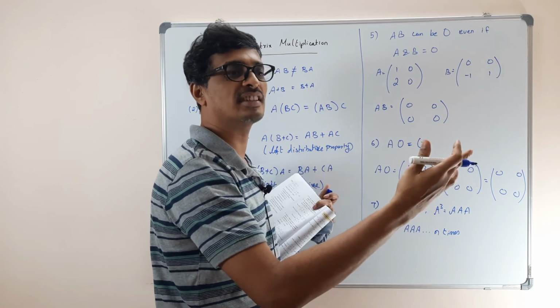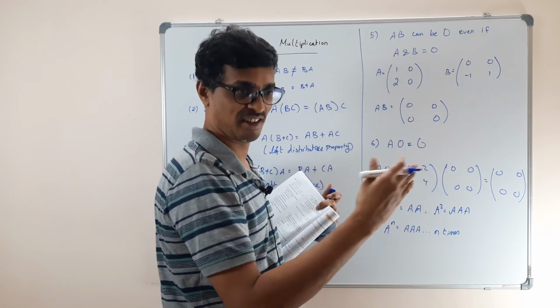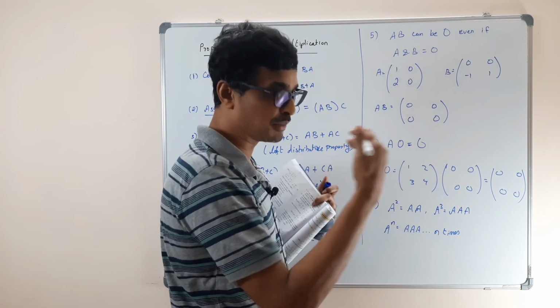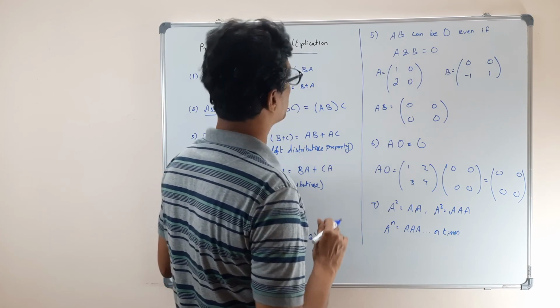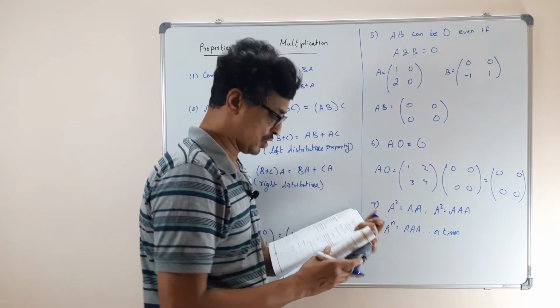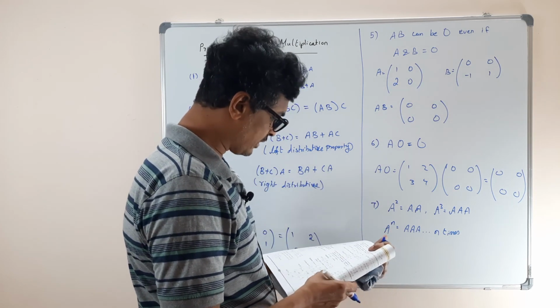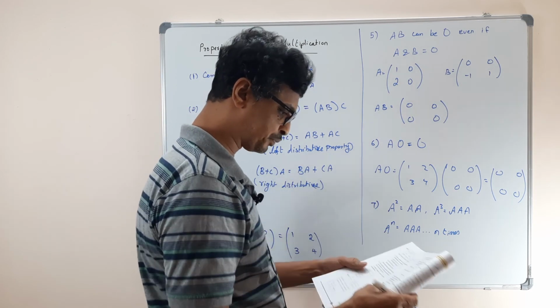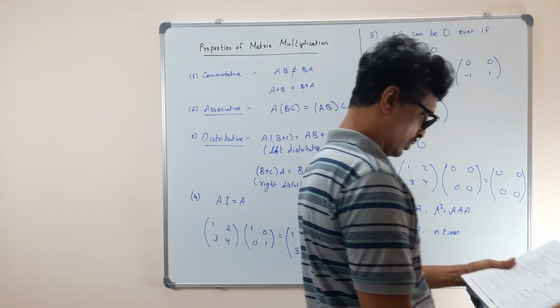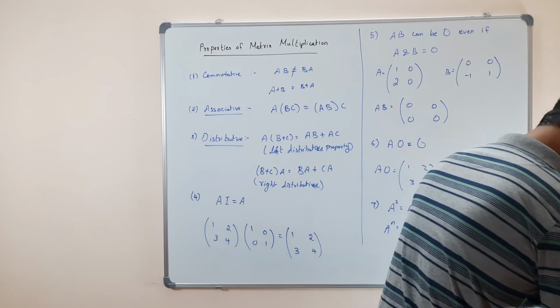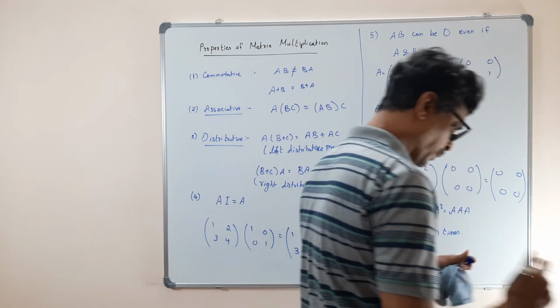It is not just writing 1 by x or 1 by y. The inverse of a matrix is something very different. That we will see, but it is not very simple, so we have to do it in later classes. And that's all the properties they have given.